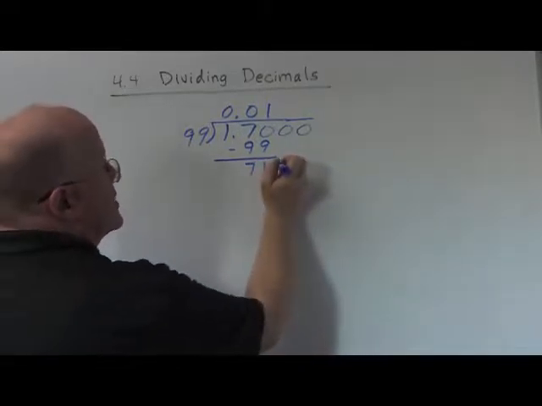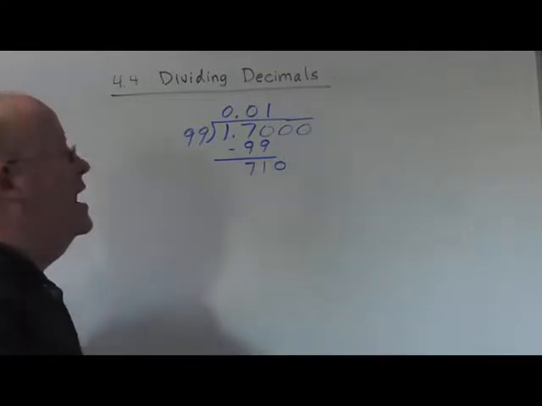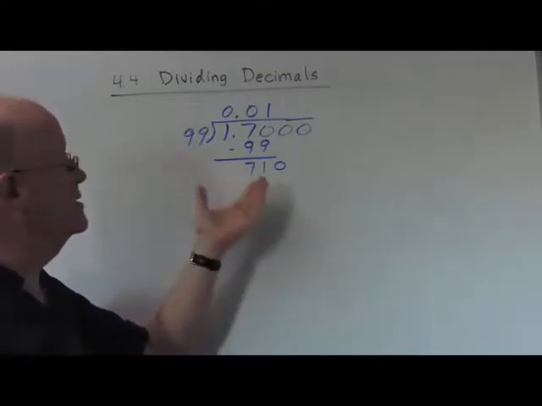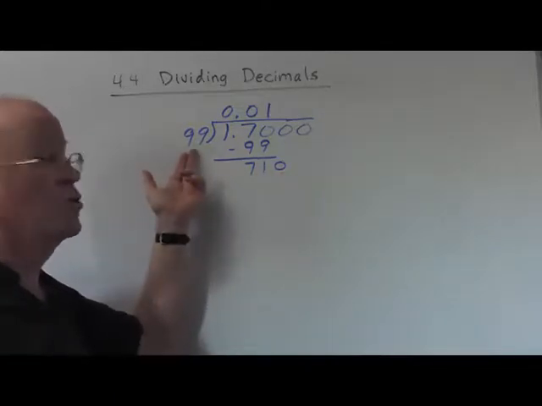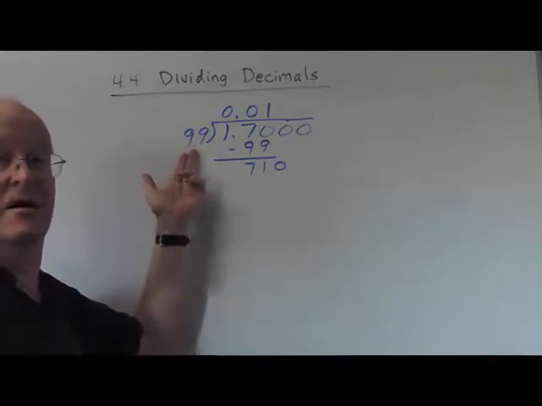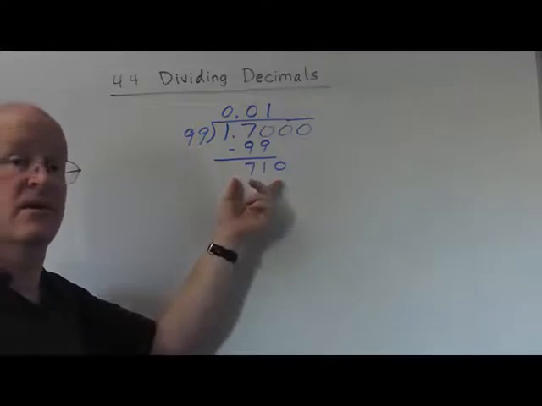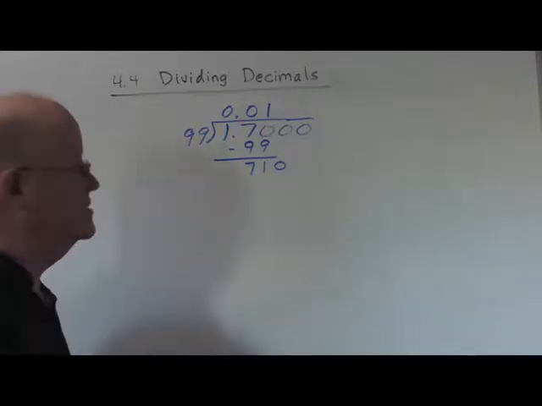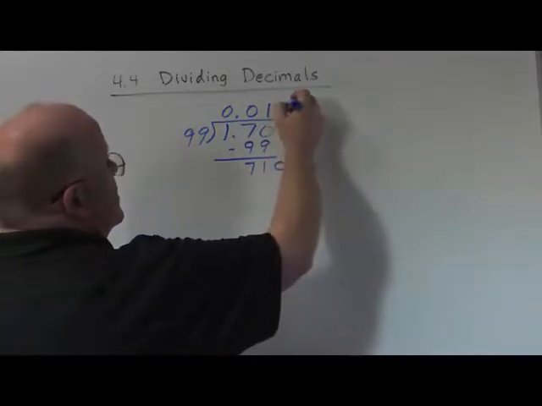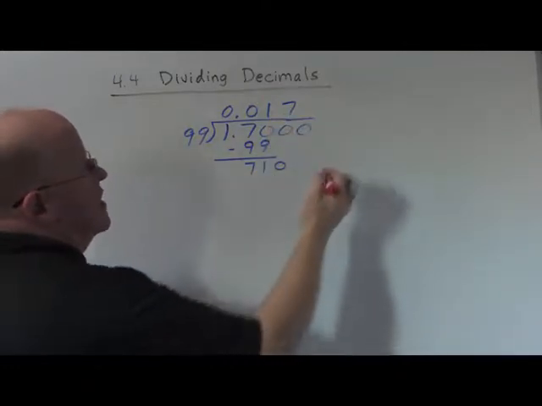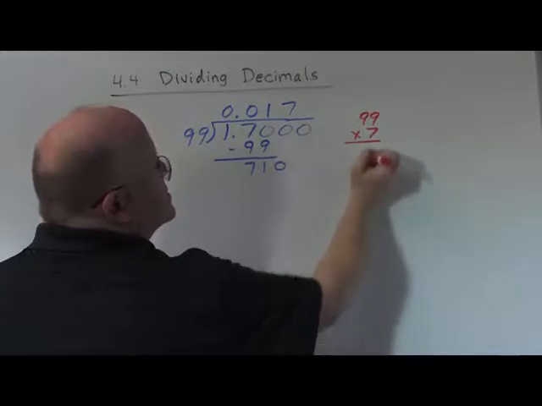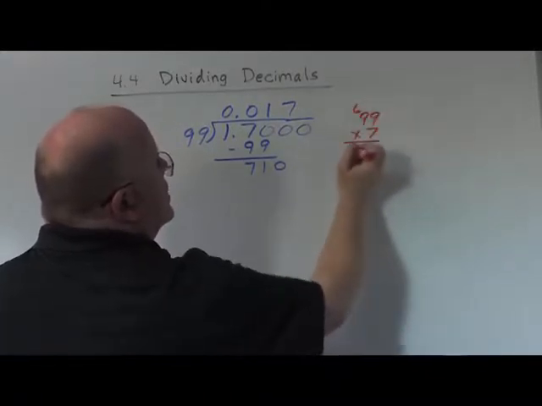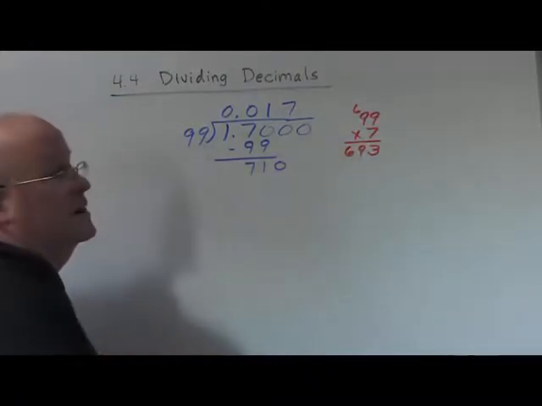We will then bring down our next 0, and we ask, how many times does 99 go into 710? Well, if we think of this as a 100, because 99 is close to 100, it goes into 710 7 times. So we're going to put a 7 at the top here. We might have to go to the side and perform 99 times 7 to see that that is equal to 693.